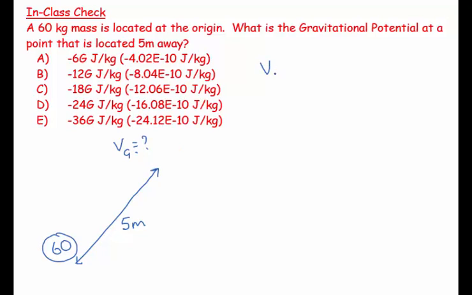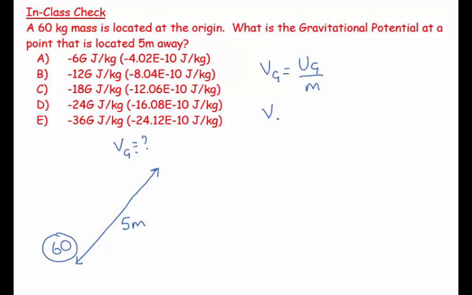Well, my gravitational potential is my gravitational potential energy per mass. If I imagined putting a mass here, what would its gravitational potential energy be, and what would its mass be? And divide one by the other and we get the gravitational potential of the point.